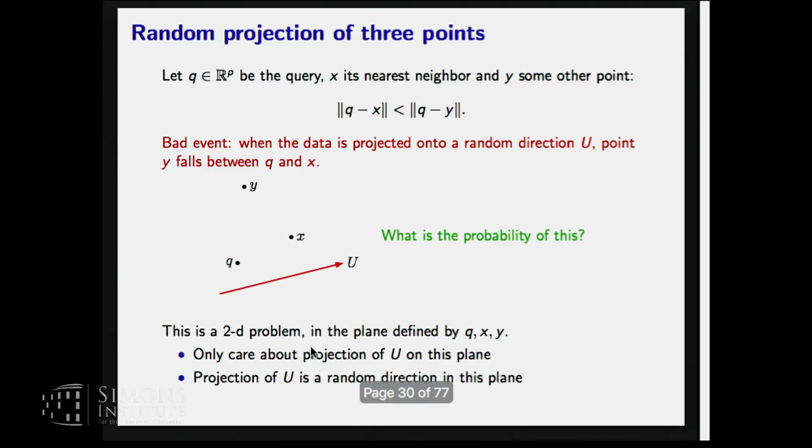You can make q the origin and look at the plane defined by x and y. The direction you're picking sticks out of this plane, but all that matters is its projection on that plane. If it's a uniform direction overall, then it's also a uniform direction within the plane.